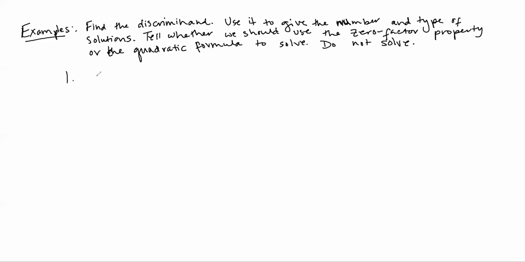Number 1 here, we're given 2x squared plus 3x equals 4. And now first thing here, what we want to do is make sure it's in standard form in order to use the discriminant. So let's move this 4 over to the left. It must be in standard form.